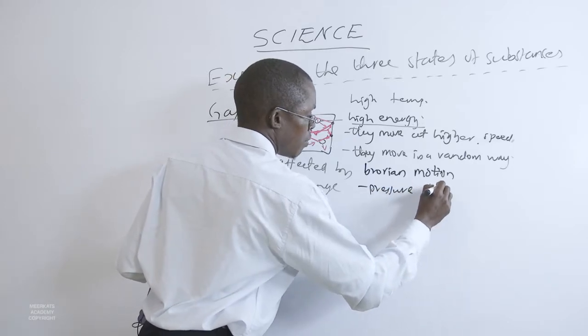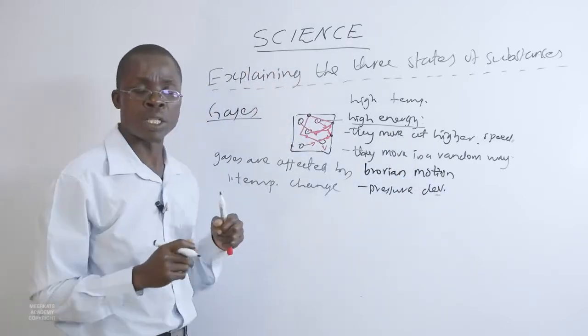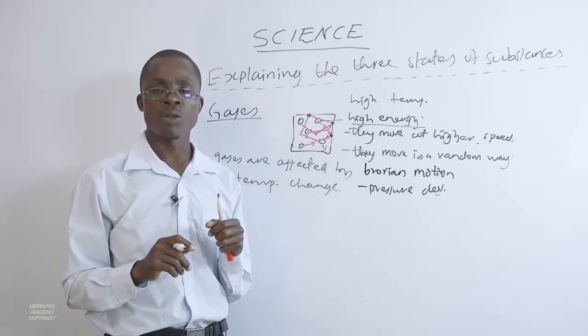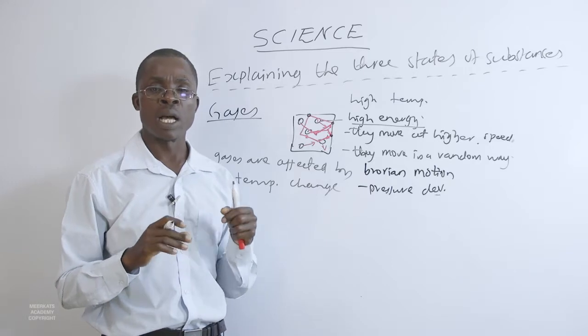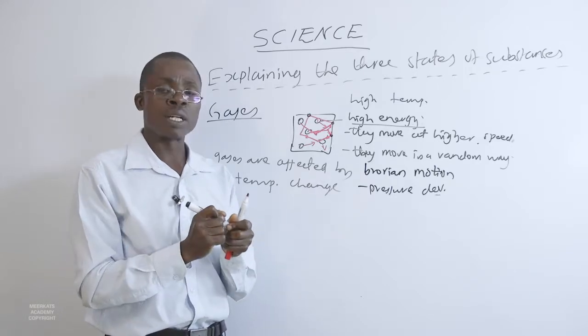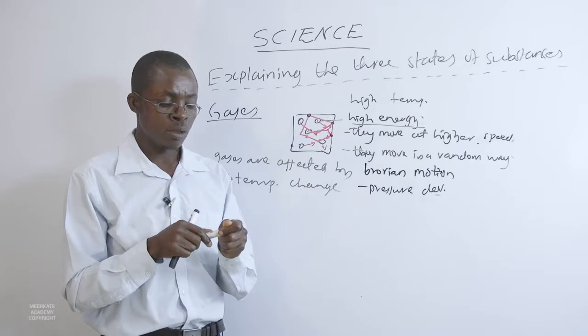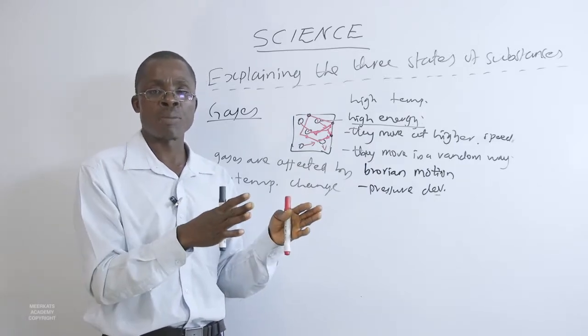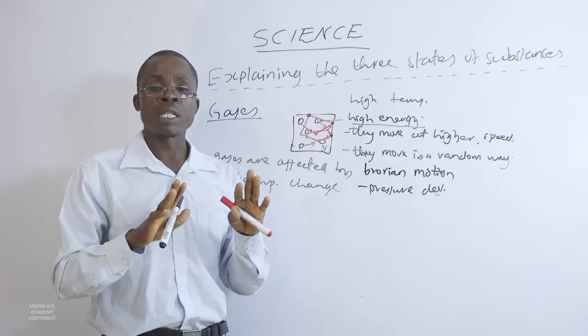We call it gas pressure. Gas pressure is that pressure, or that push, not really pressure, but let's use push as a better way to explain. It is that push.